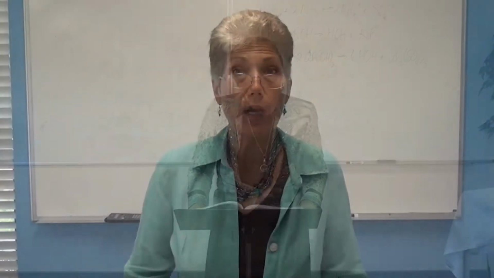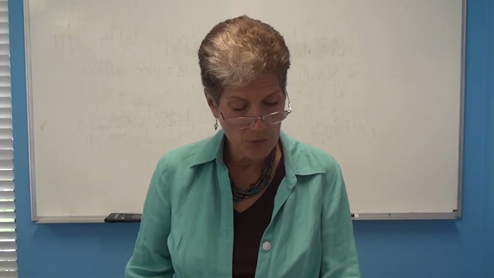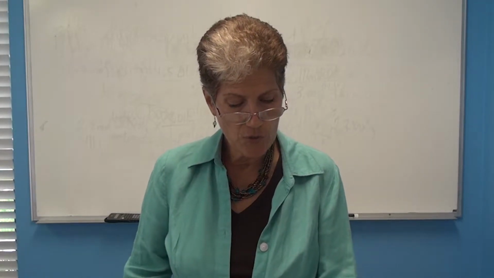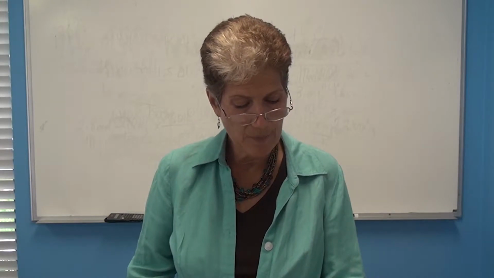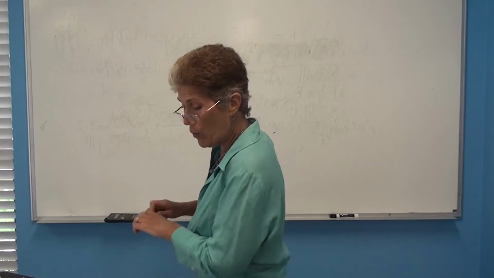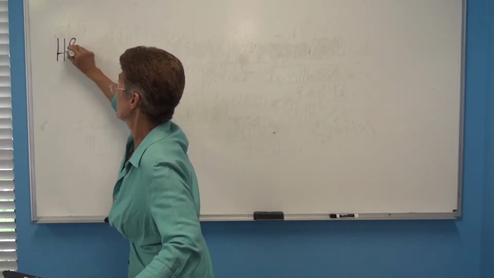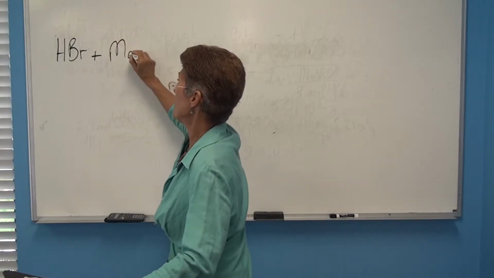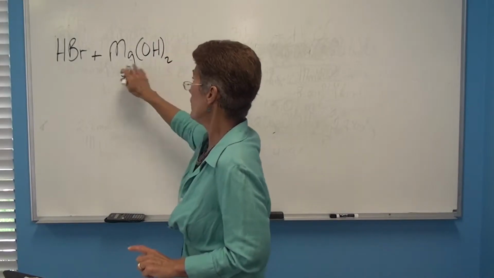Okay? Number 13, you have 45.6 mils of 10.1 molar hydrobromic acid. You need to use magnesium hydroxide to neutralize it. How many grams of magnesium hydroxide are necessary? So we are going to make the reaction first. Our acid plus our ionic base, because magnesium is a group 2 metal.